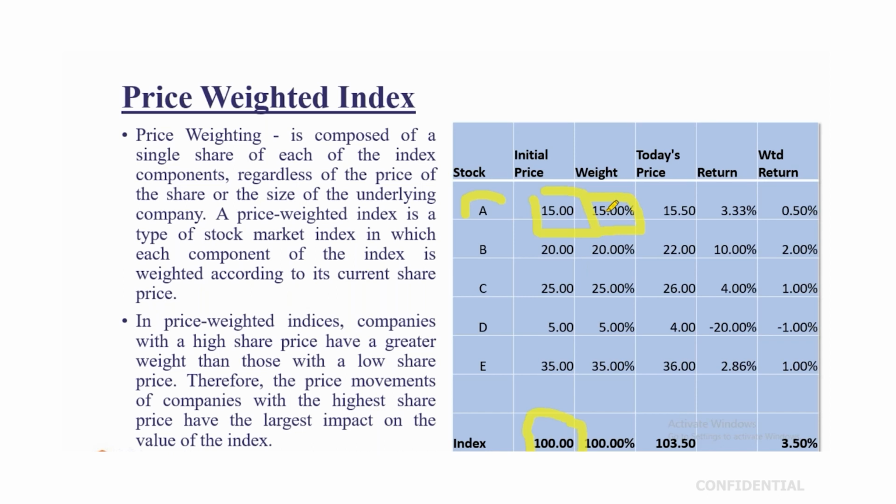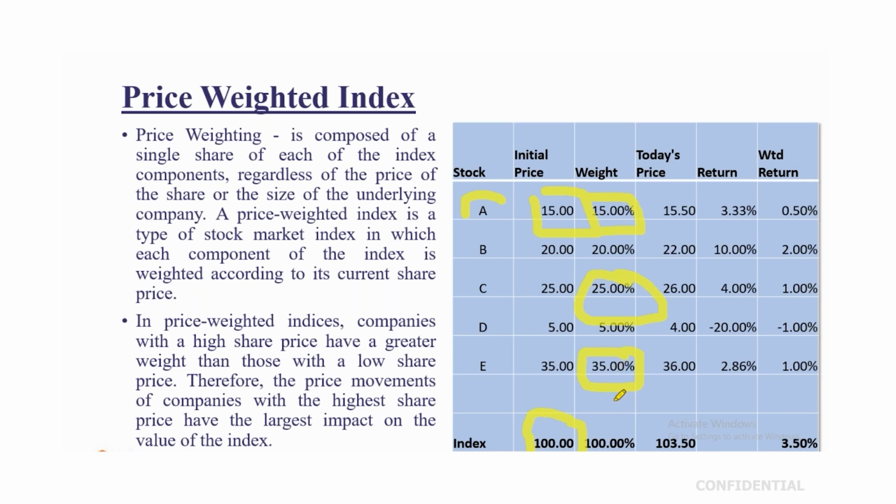Now therefore, what will happen? The higher the price, the higher the weight. So if the price of a stock, in this case E, is 35 rupees, the weight of that stock will also be higher. What happens is that a change in the price of the higher-priced stock will lead to an overall higher return of the index.